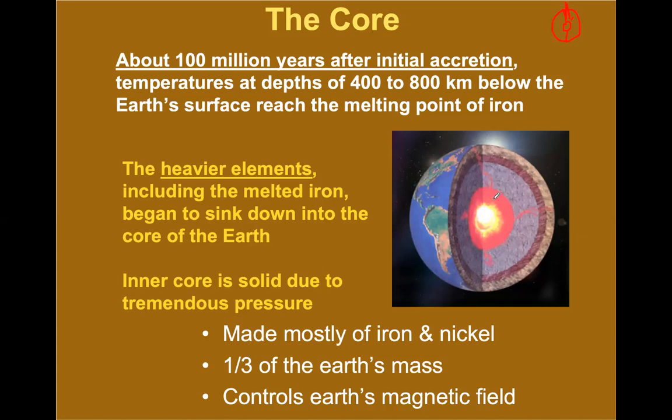So the heavy elements, including the metal iron, melted iron, because this is a high temperature, and also the pressure is very high. Therefore, melting points are very different from the normal melting points that we observe on the Earth's surface. These metallic particles sank down to form the core, and the inner part is mainly solid due to tremendous pressure, as a very large column of rocks is overlying.